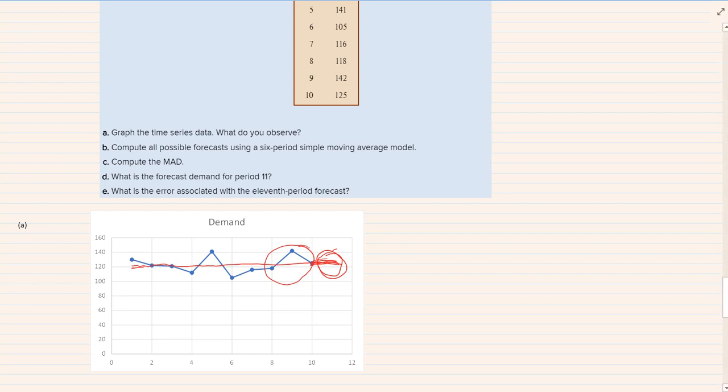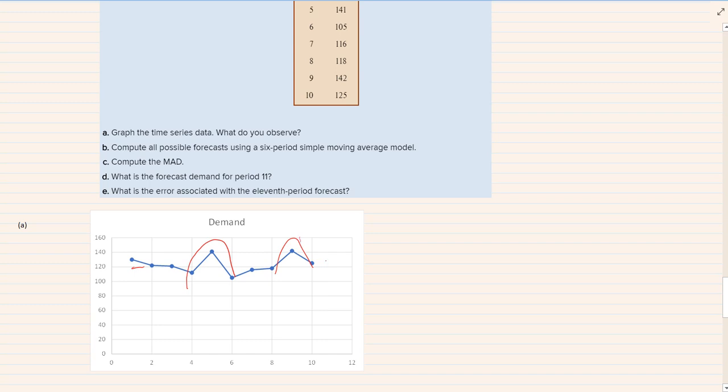But then we can also see a couple of points here, right here, you see that? So that would be the seasonality in this data. So it looks like there is some seasonality, but definitely no trend in this data.